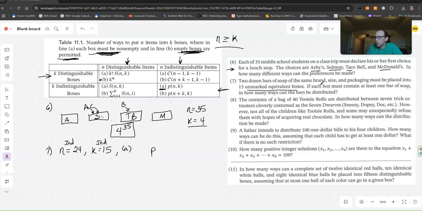So the answer here would be partitions of n into k parts, with our n value being 24 and k value 15. If you wanted to draw a picture there with the 15 different boxes and start putting the soap into those boxes, you could certainly do that.